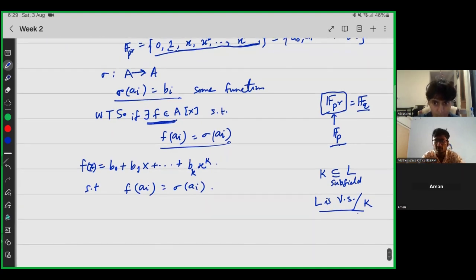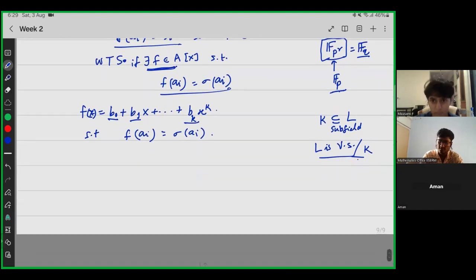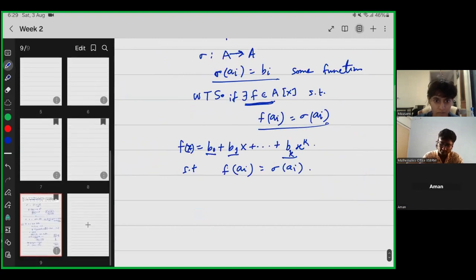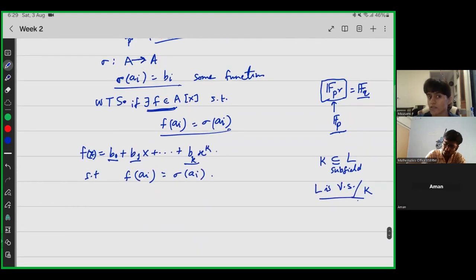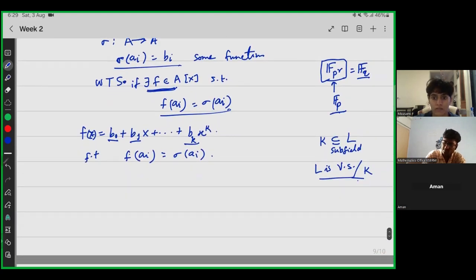If we can calculate these coefficients b_0, b_1, ..., b_k, then we are done. So now we write our hypothesis: given f of a_i is equal to c_i, coming from sigma.